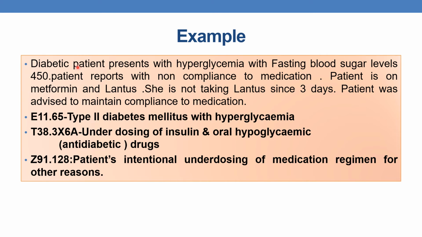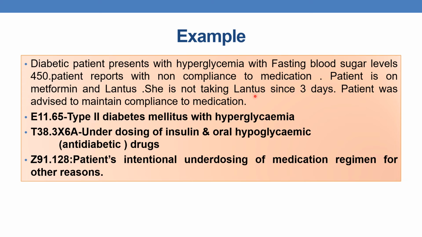Now let us see an example. A diabetic patient presents with hyperglycemia. Here there is exacerbation of the condition. The patient is diabetic and is presenting with hyperglycemia with fasting blood sugar levels of 450. The patient reports non-compliance to medication and is on metformin and Lantus.